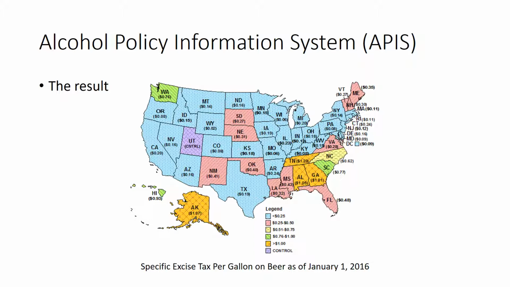And using this data, you could determine if high excise tax states had different health outcomes compared to low excise beer tax states, and on and on. And we'll talk about outcomes again in a different video. But you can draw these maps for each one of those indicators that the APIS system is collecting.